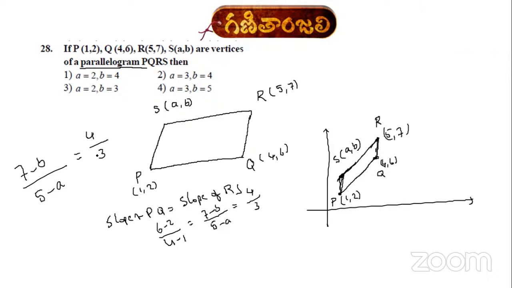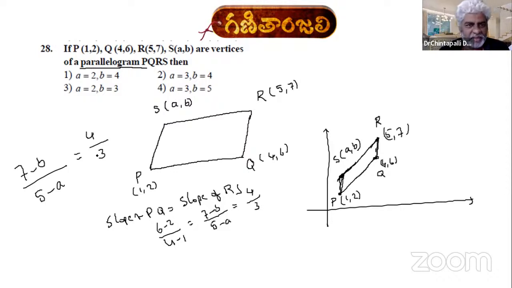Which option is correct from the above 4 options? Sir, it's B3 and A2. Is there any other option apart from B3, A2?